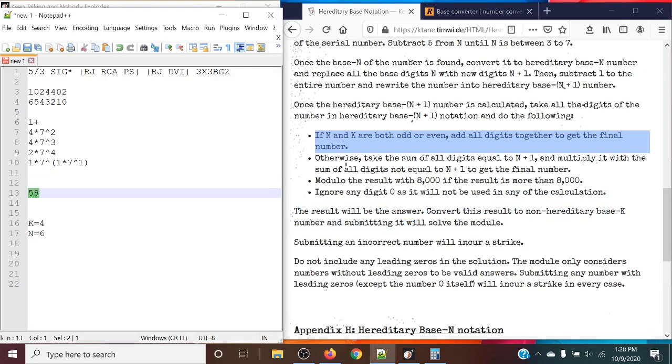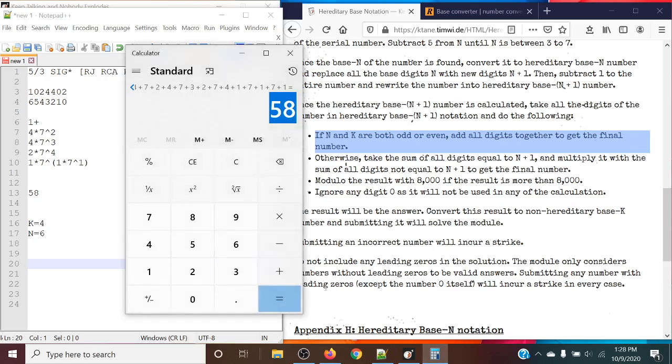So we found our answer, and this is in base 10. We need to convert it to base 4, not to hereditary base 4, just normal base 4. So now let's do our multiples of 4. We have 4 to the power of 3 is 64, if I'm correct.